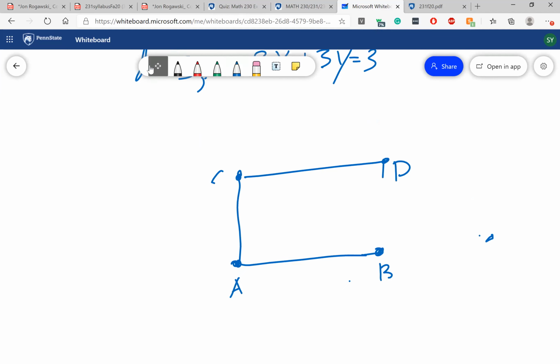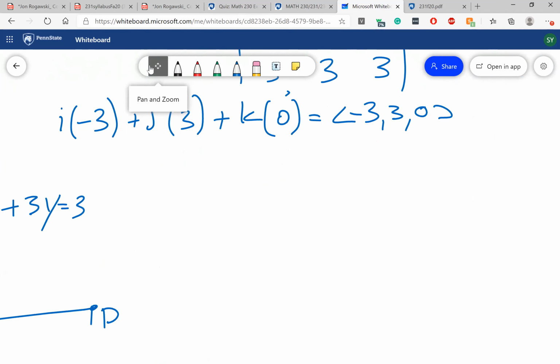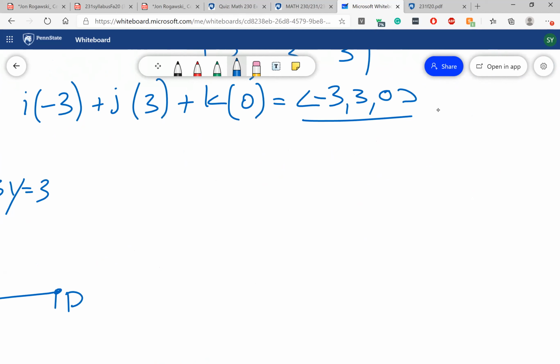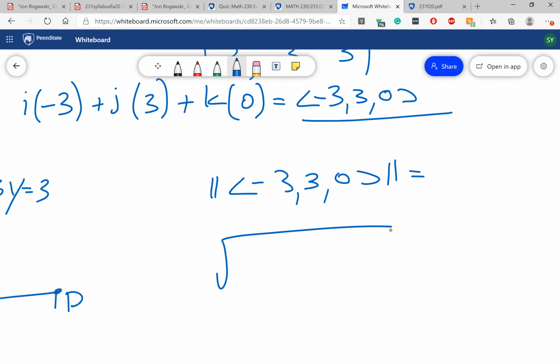Or in other words, if I just look at this normal vector and I take the magnitude of the vector negative 3, 3, 0, it is equal to the square root of 9 plus 9, 18. So that would be the area.